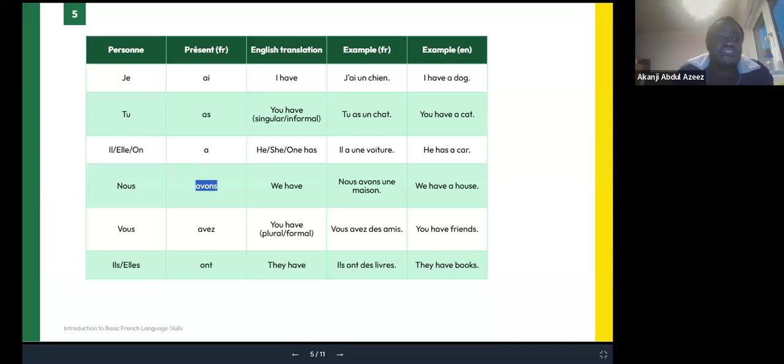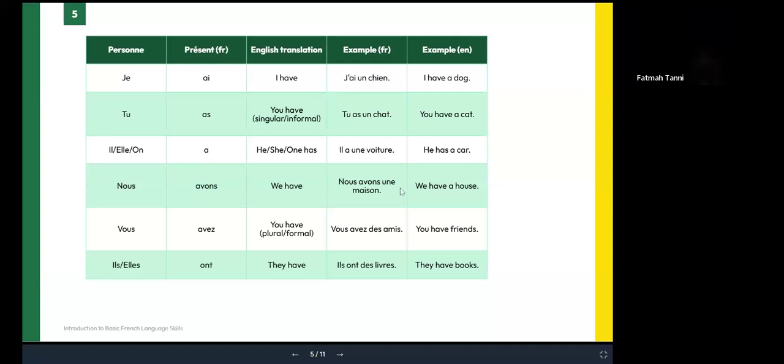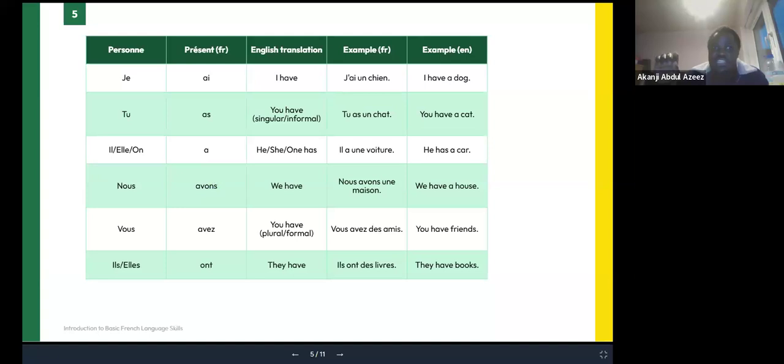So nous avons, that is why we have avons. Nous avons, we have. Il a is he has. Nous avons, we have. So we now say nous avons une maison.